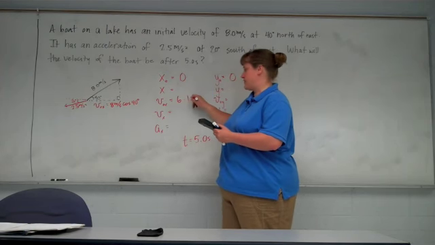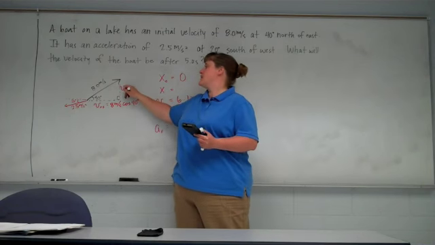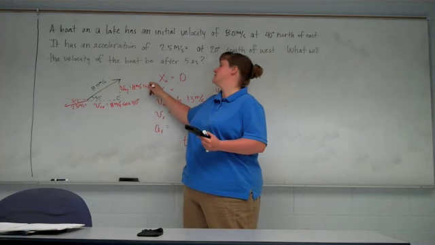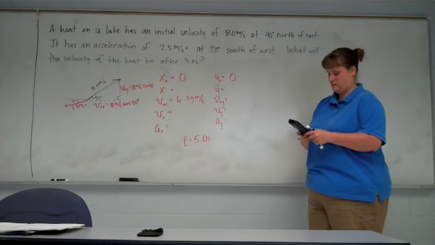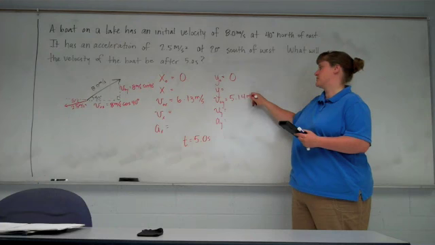That's 6.13 meters per second. The initial velocity in the Y direction will be our 8 meters per second times the sine of 40. So 5.14 meters per second in the Y direction.